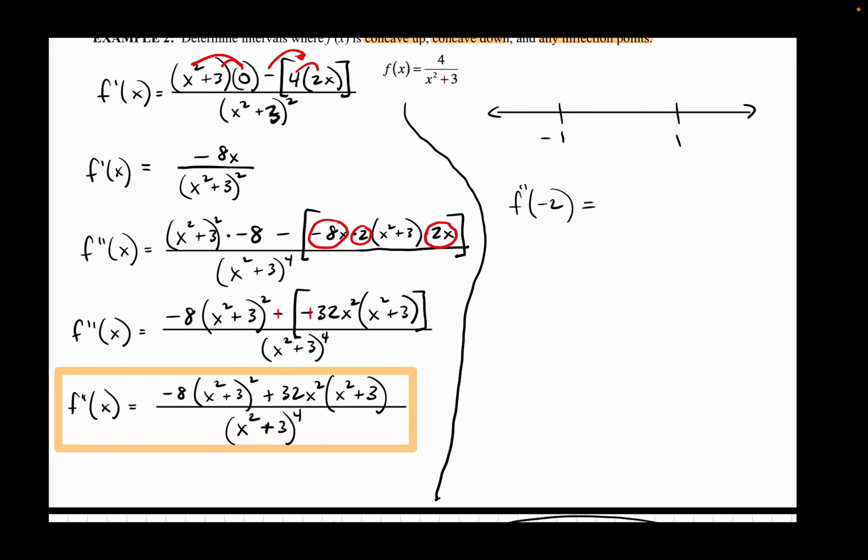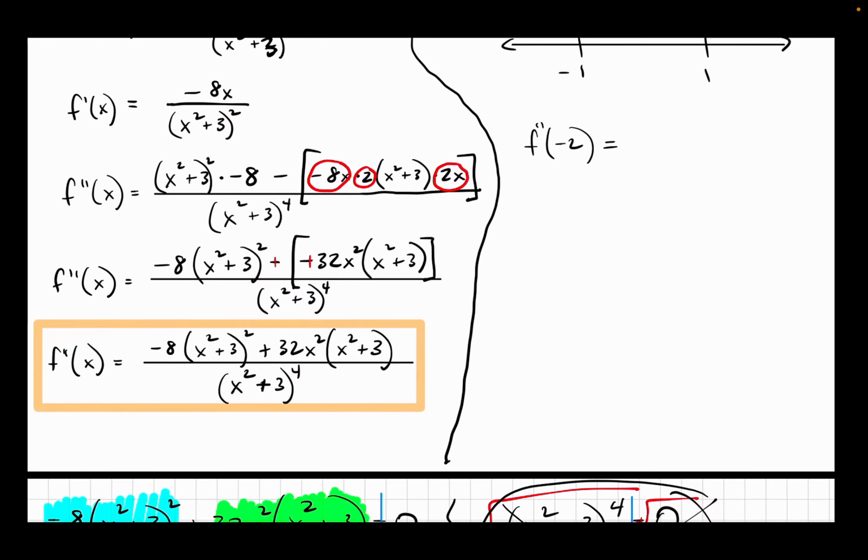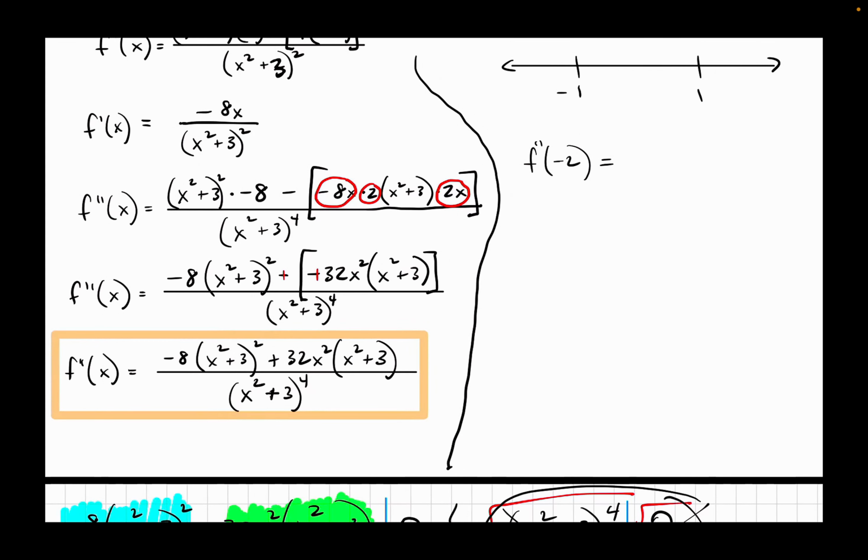Again, I don't care what number I'm going to get. I just want to know if it's going to be positive or negative. So we're going to do a lot of mental math on this one, so we don't have to do the calculations. Okay, so I'm going to first plug in negative 1. Or sorry, negative 2.